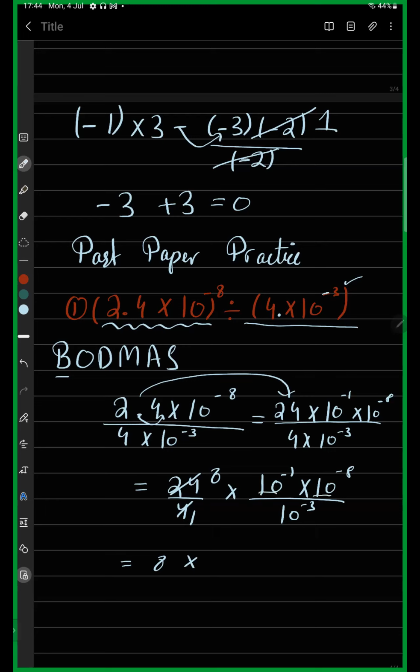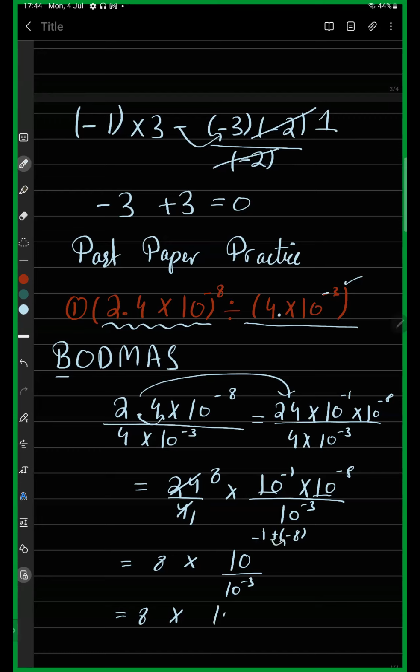So when bases are same, powers are added. So it would become 10 power minus 1 plus minus 8, and it is being divided by 10 power minus 3. Let me just simplify this. It would become 8 multiplied by 10 power minus 1 into plus into minus would be minus.